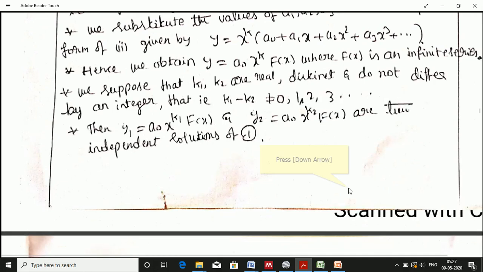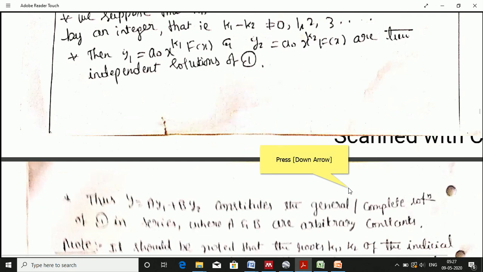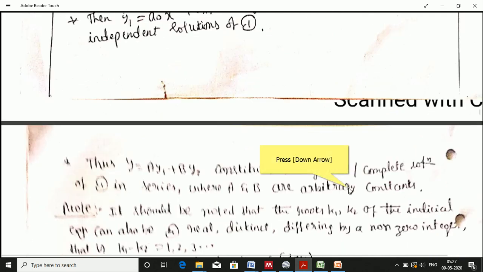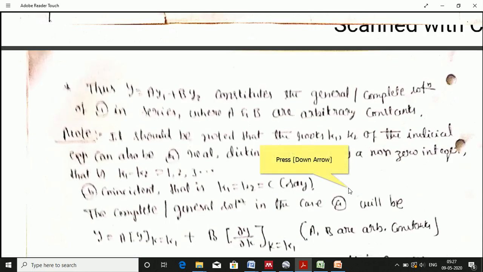These are the two independent solutions of 1. And thus the complete solution or infinite series solution of the given differential equation is y is equal to a into y1 plus b into y2.